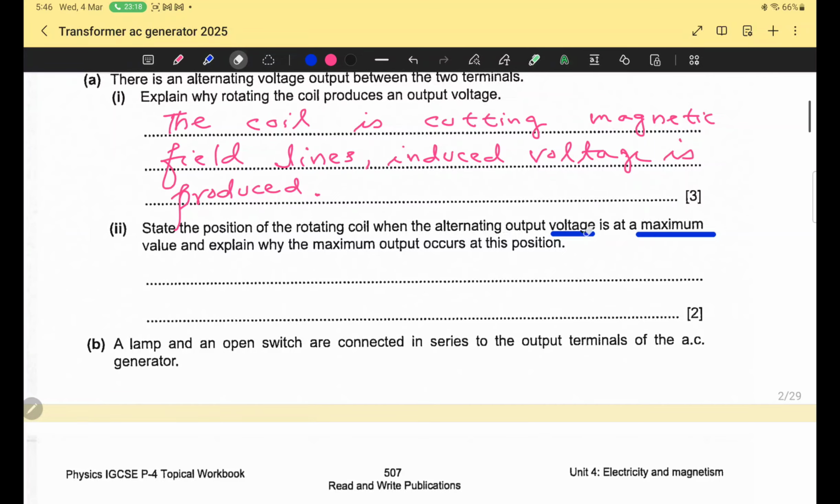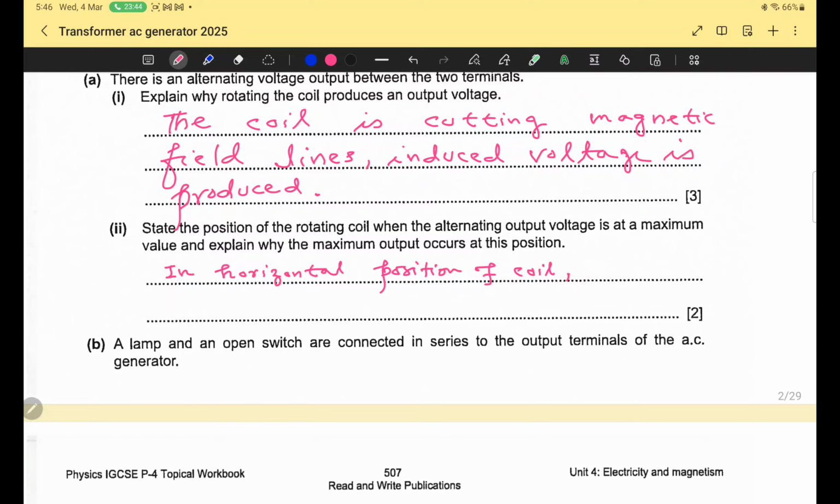Yes, simple. So I'm writing the answer. In horizontal position of coil, the voltage is maximum, and they are asking why. Why? So I have explained in the last class.